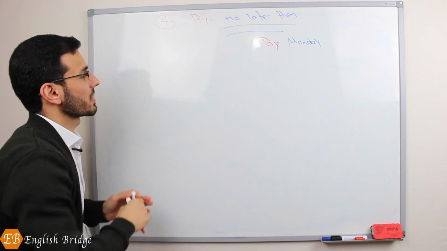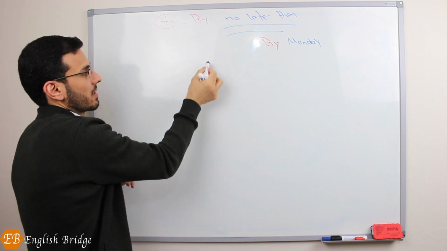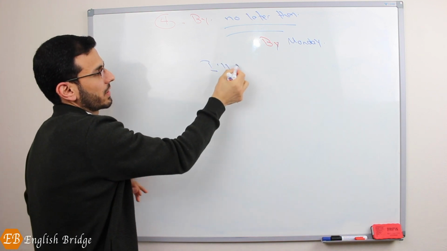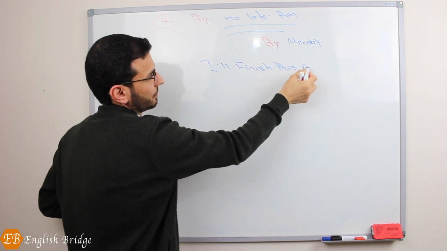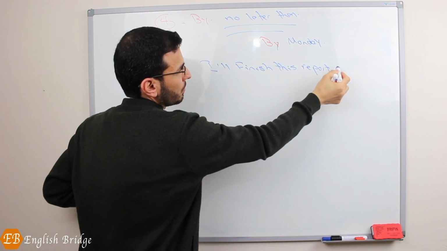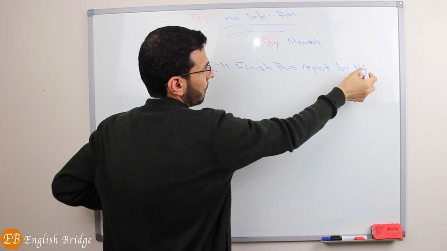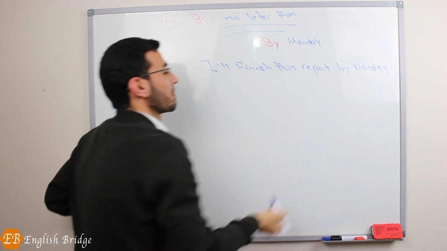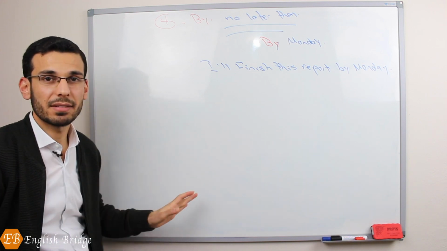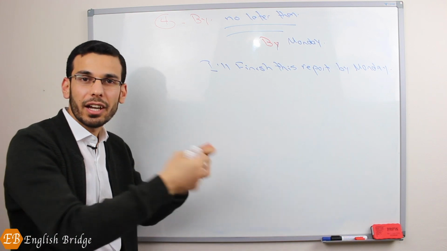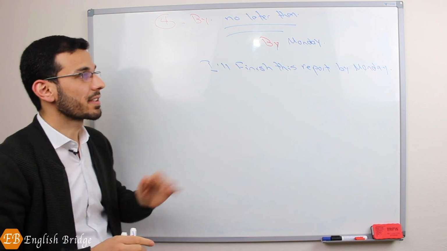All right, so for example, you can say to your boss, I'll finish this report by Monday. It means I can finish this report maybe on Saturday, maybe on Sunday, but the maximum is Monday. So on Monday, I will hand it to you. All right, this is the meaning of by.